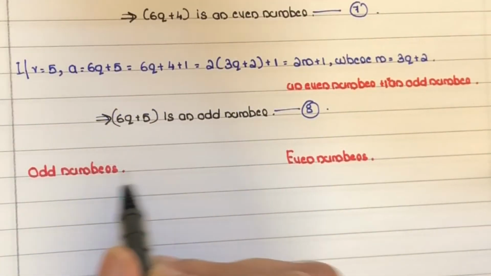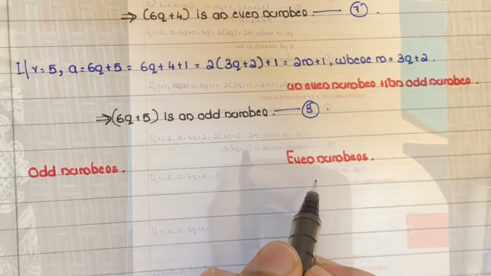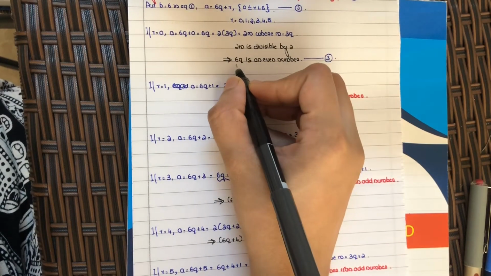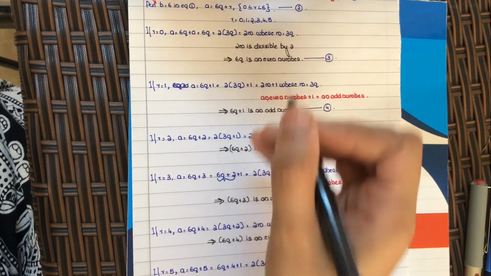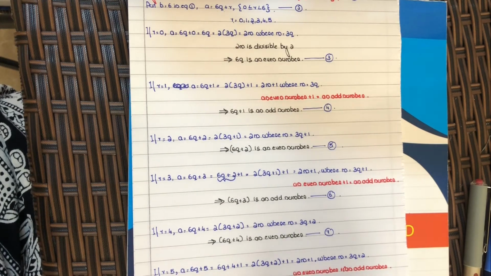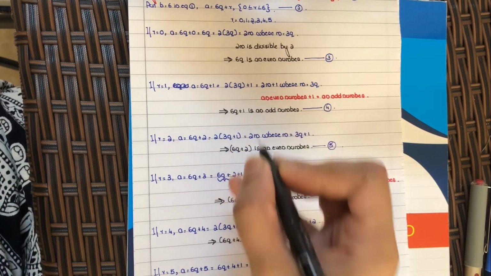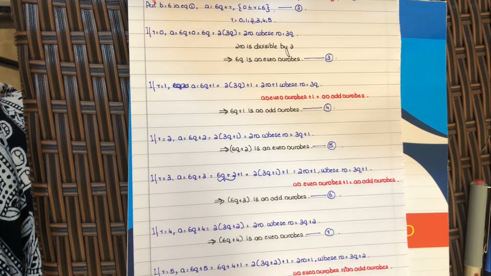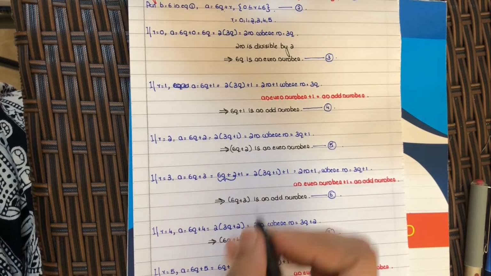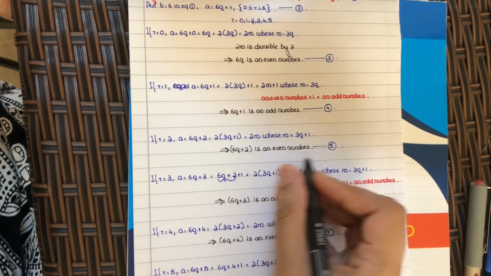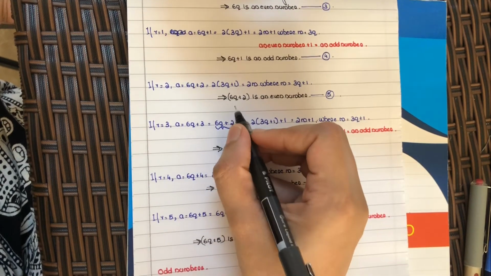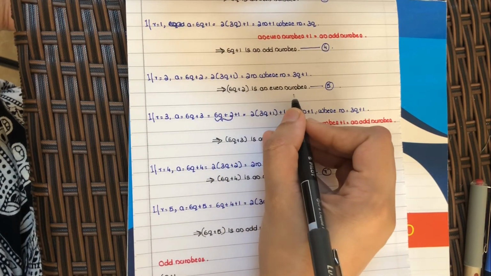Now we can see which numbers are odd and which are even. From equation number 3, 6q is an even number. Next, 6q plus 1 is odd. From equation number 5, 6q plus 2 is an even number.